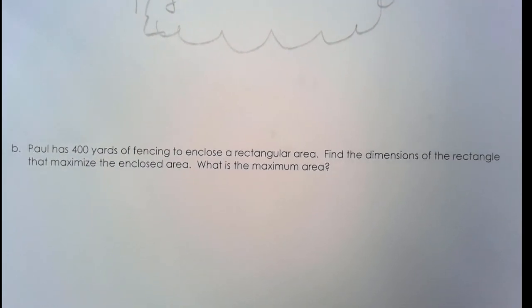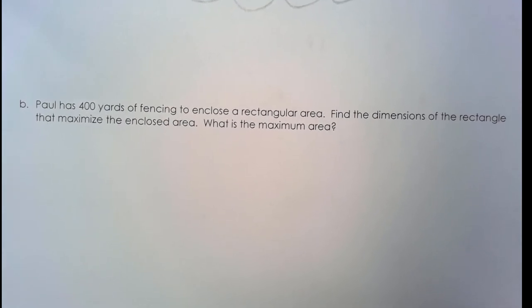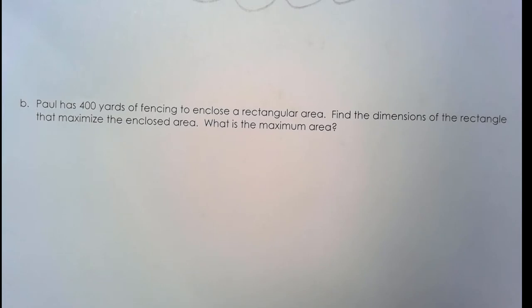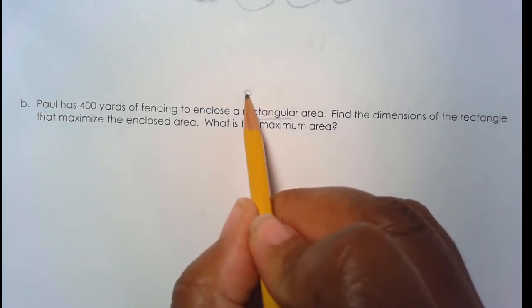For B, let's look at this example. It says Paul has 400 yards of fencing to enclose a rectangular area. Find the dimensions of the rectangle that maximize the enclosed area, and then what is the maximum area. So two things that we need to know here. Enclose means we're going to have to find its perimeter.